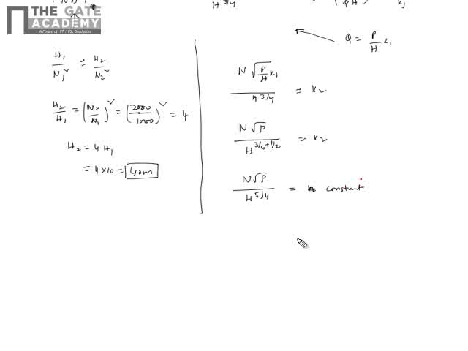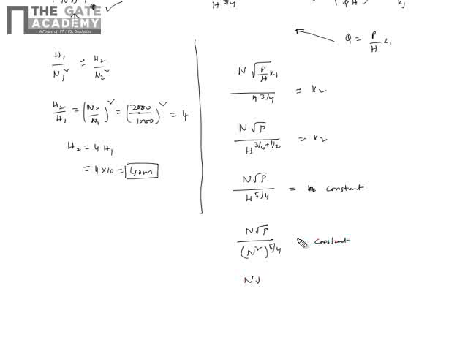Now again H is there. H is related to n square with the first equation. So n root P by H to the power 5 by 4, I can write as n square to the power 5 by 4 into some constant. All these constants I'm just bringing to the right hand side.